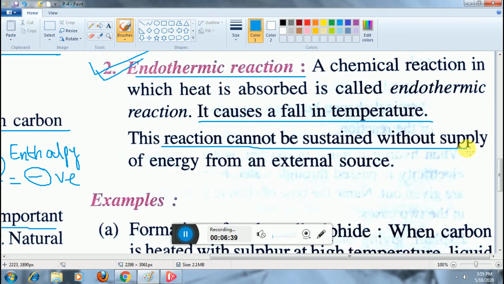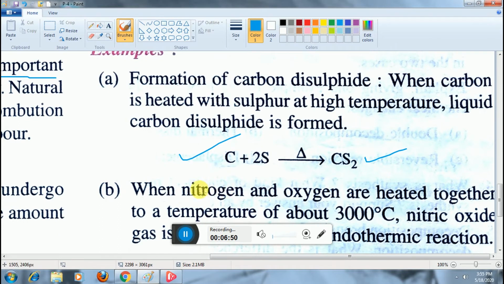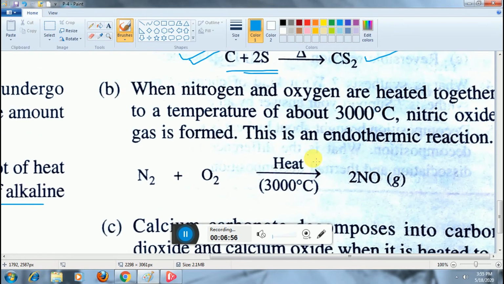These reactions cannot be sustained without a supply of energy from an external source. For example, when carbon reacts with sulfur, it produces carbon disulfide. Heat energy is required. As a result, after the reaction, the temperature will fall.